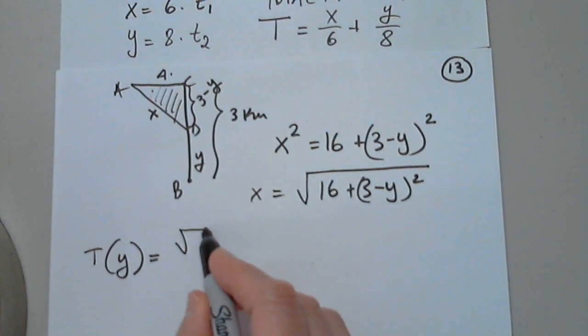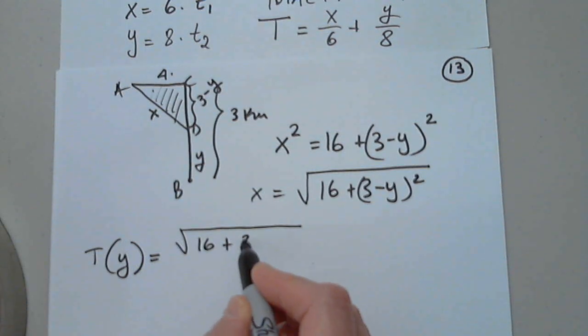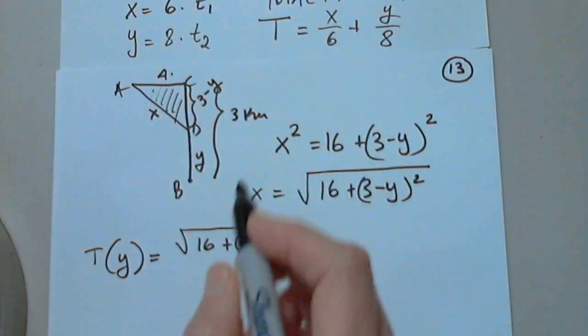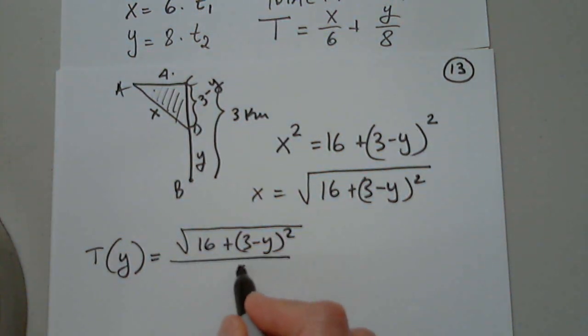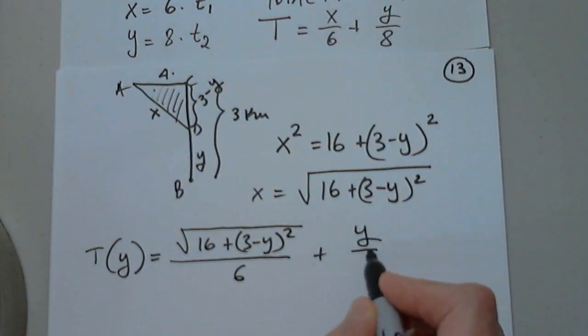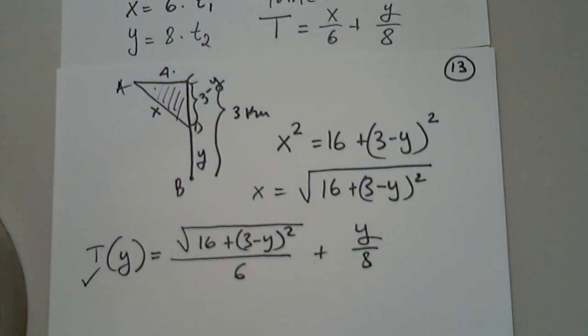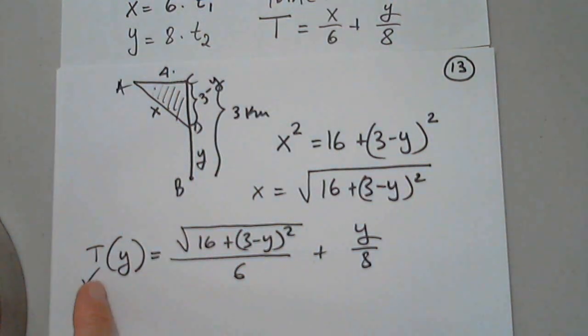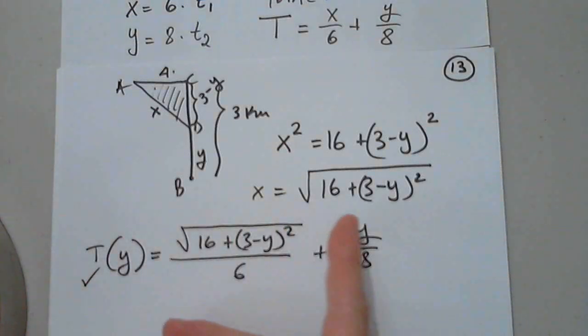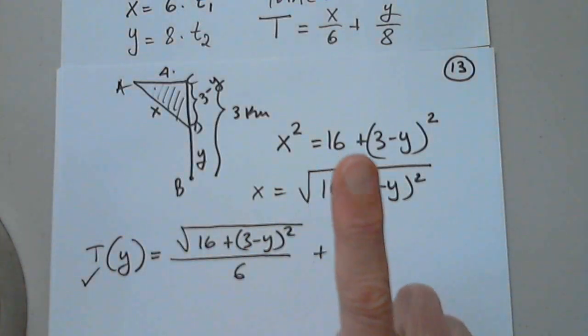So I have the square root of 16 plus (3 minus y) squared, over 6, plus y over 8. That's all I needed for now: a function that represents time, because I want to minimize this, a function of just one variable.